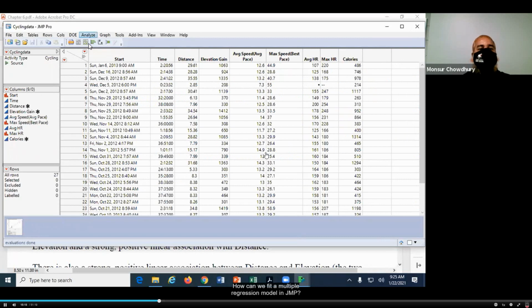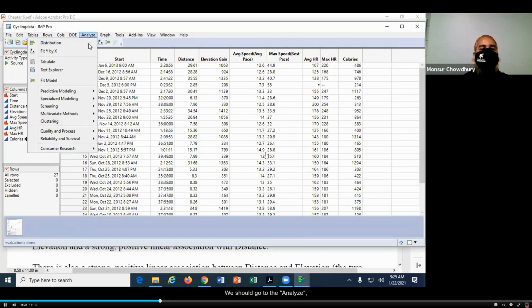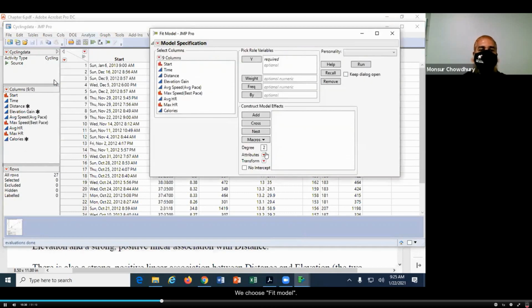So how can we fit a multiple regression model in JMP? We go to Analyze, and now we choose Fit Model. Now our response variable here is calories, so we drag this response variable into the Y column box.